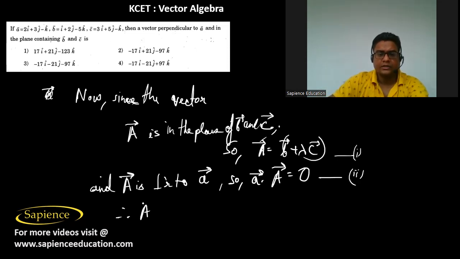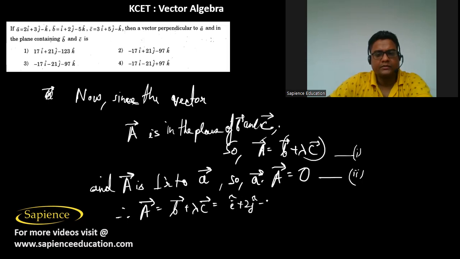Now therefore vector A', let's say, is B vector plus lambda C vector. So this will be I cap plus 2j cap minus 5k cap.